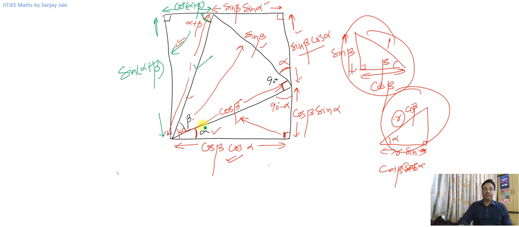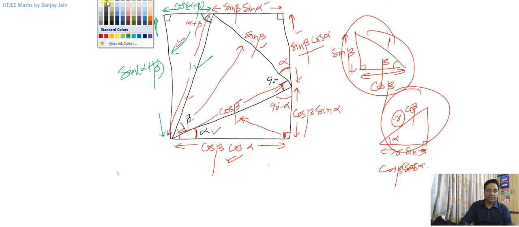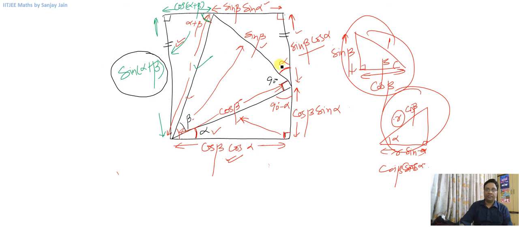If you have understood this far, then we have already proved those two formulas, because this is a rectangle, so opposite sides will naturally be equal. So this side is equal to this complete side, so sine of alpha plus beta is equal to sine alpha cos beta plus cos alpha sine beta.